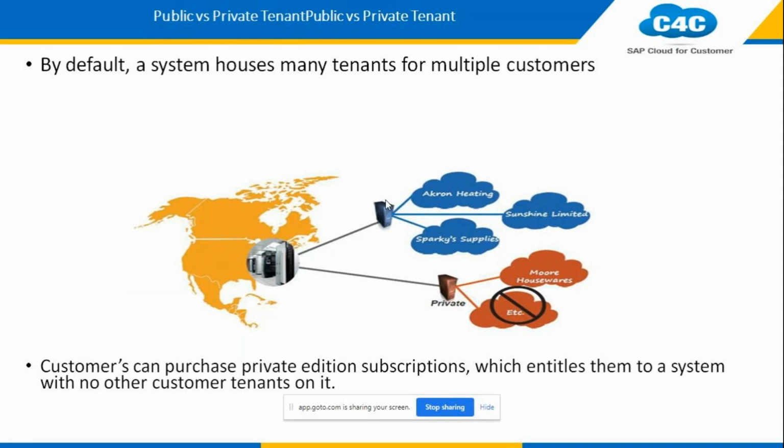Now, what is a private tenant? A private tenant is a tenant where only one specific customer has a tenant within the system. It won't be a sharing tenant. And during an upgrade also, this customer can say, no, I don't want an upgrade currently because there is a lot of customization and a lot of dependency.